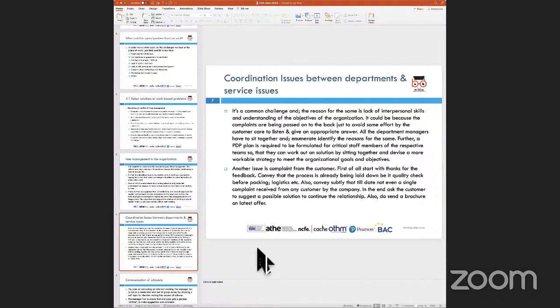Now, in some cases, this could be related to communication. If there are gap areas in communication, and the message sent by the person is not understood completely by the other person on the other side in the department, then this can lead to issues or the creation of conflicts.